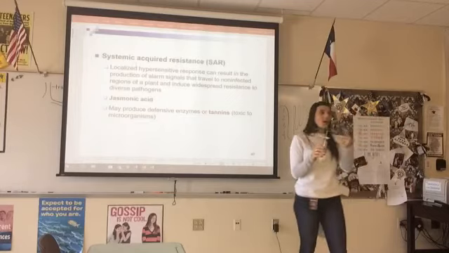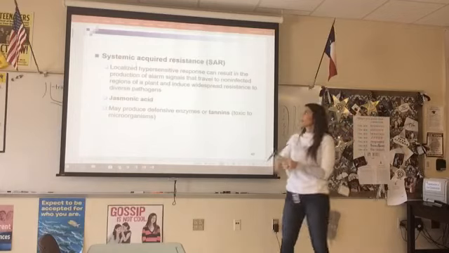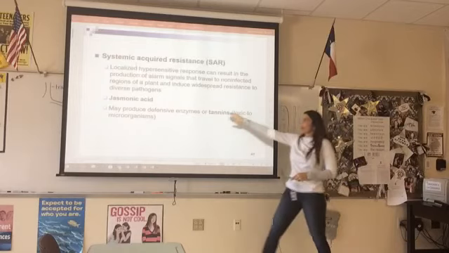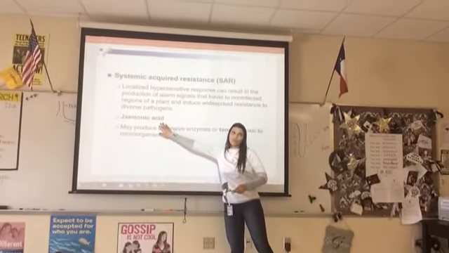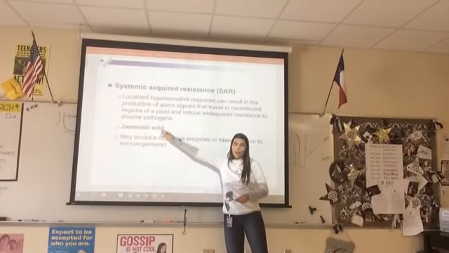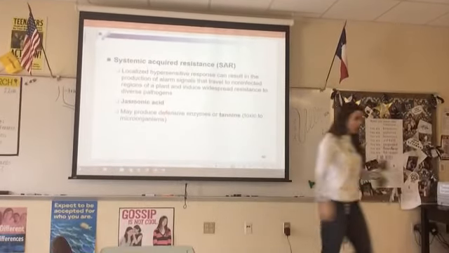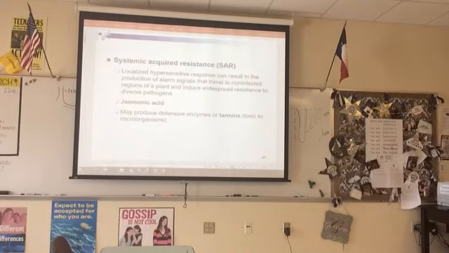So the name of it actually protecting itself is SAR, or systemic acquired resistance, and that's carried out by jasmonic acid. I've already covered this, it's just giving you the actual name for it here. Okay? And this is just at the individual level. This is not it sending it off to the other plants.